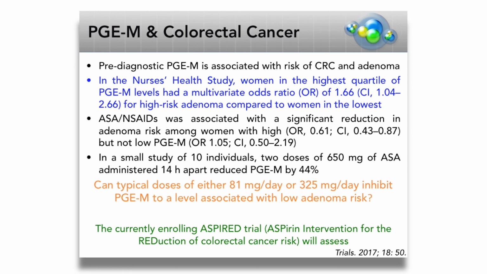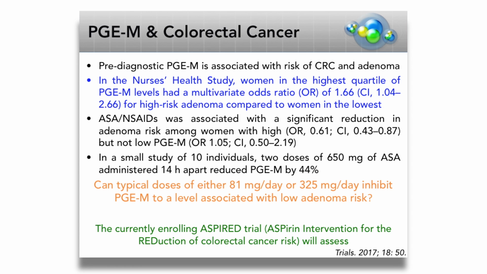Aspirin and NSAID use is associated with a significant reduction of adenoma risk in the women who have the high PGEM levels. But this same reduction in risk was not found in women with low PGEM levels. So the thought here is that if you have high PGEM levels, this may qualify you and identify a subgroup of people who would benefit most from taking aspirin to prevent colorectal cancer.